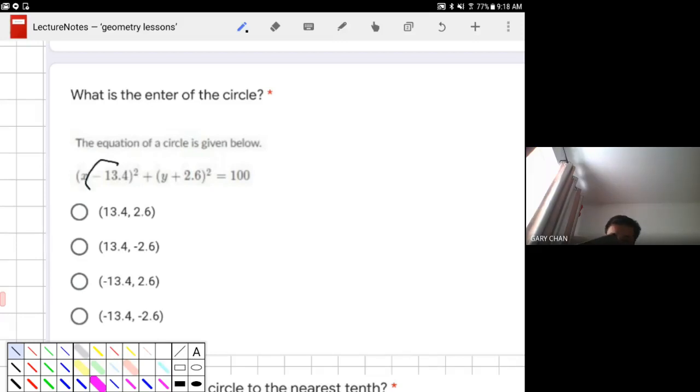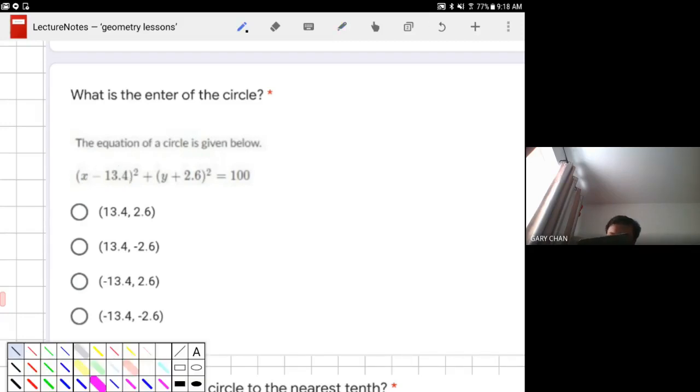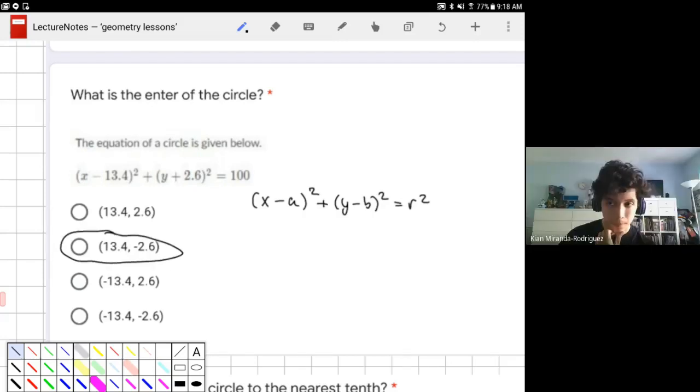Right here, even though I see x minus 13.4, the equation of a circle is given by this formula. We can see that a, even though there's a minus there, is really positive. So it's positive 13.4, and like Ty and Emmett said, it's negative 2.6. It is option 2. We're cool? Yep.